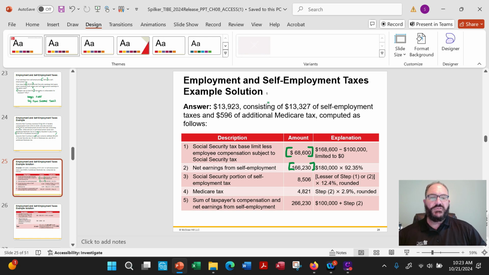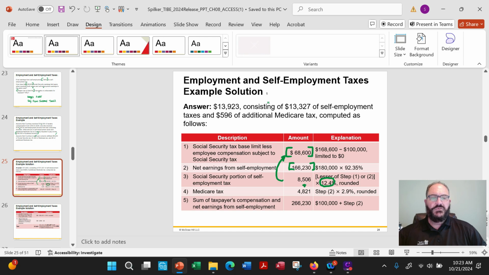Now the Social Security portion of self-employment tax is the lesser of step 1 or step 2, times 12.4%. So this would be 12.4% times that number right there. The Medicare tax is step 2 times 2.9%.